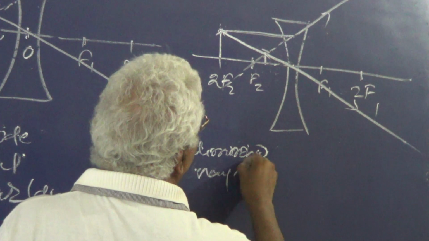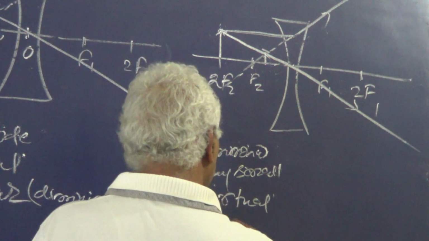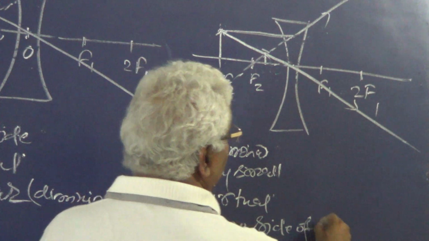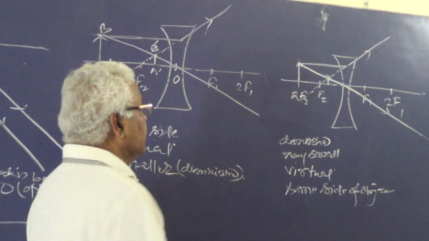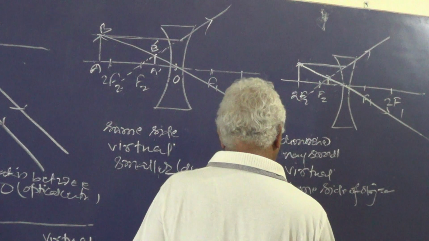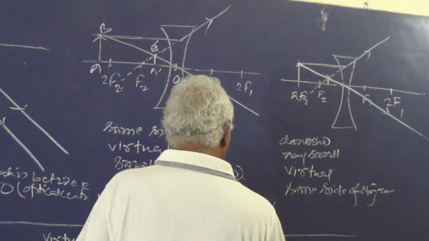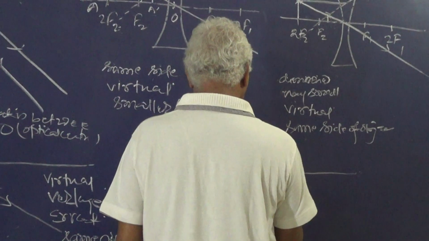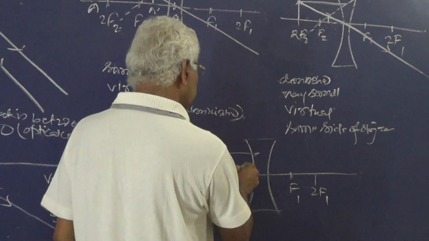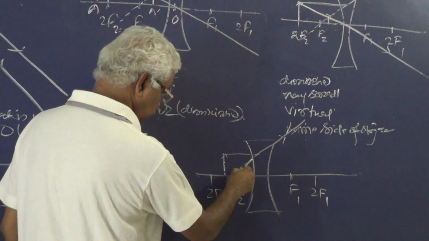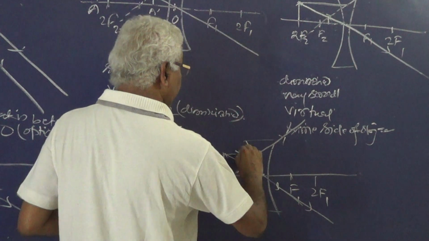Very small, virtual, on the same side of the object. In whatever case you do, your image will be formed at the same place. Whichever case you do after this, your image will still be formed there. If the object is here, again the ray will pass through like this, and the image will be formed.